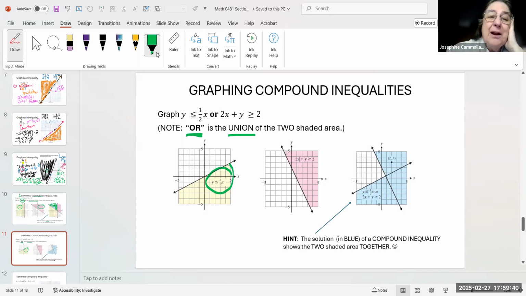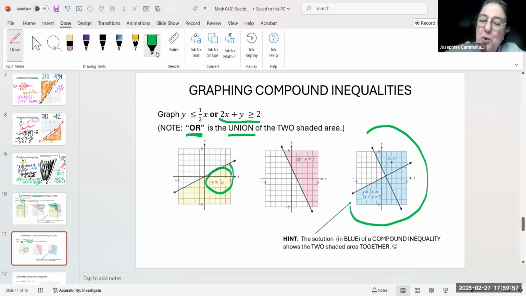And then my pink part was this equation. But because this is an or, it's putting the pink and the yellow together, which means all of this blue is my answer.